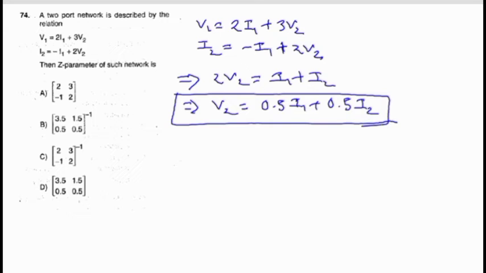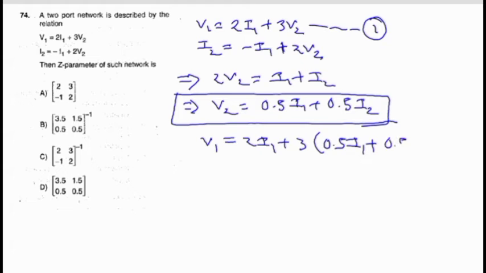So this value of V2 I will put in equation number 1. So V1 equal to 2I1 plus 3 times (0.5 I1 plus 0.5 I2). So it is total 3.5 I1 plus 1.5 I2.